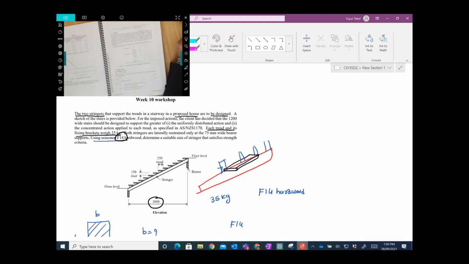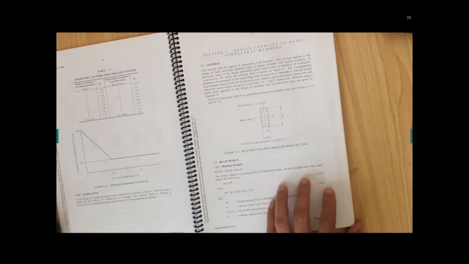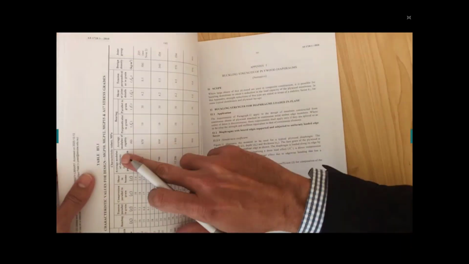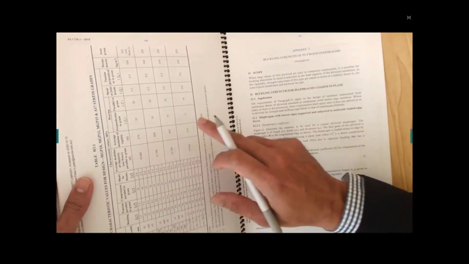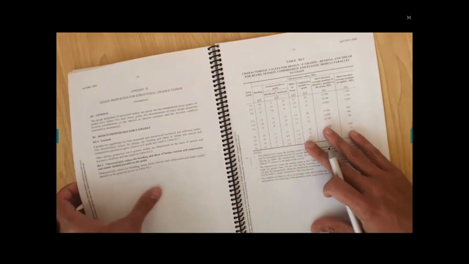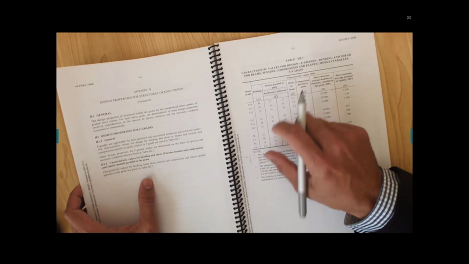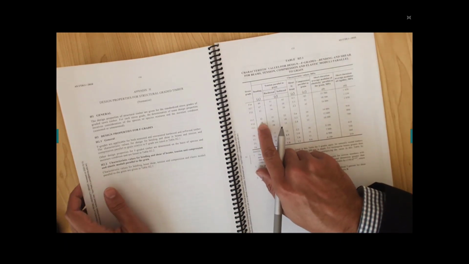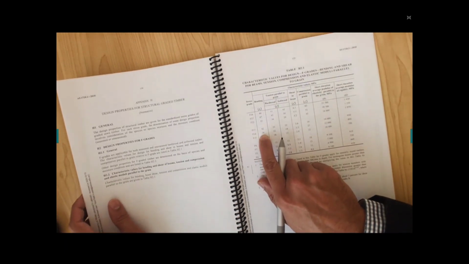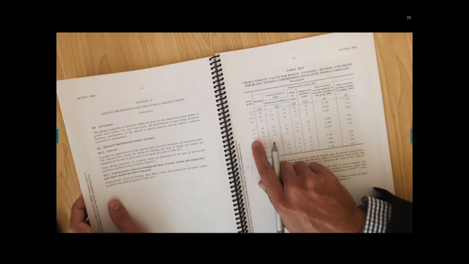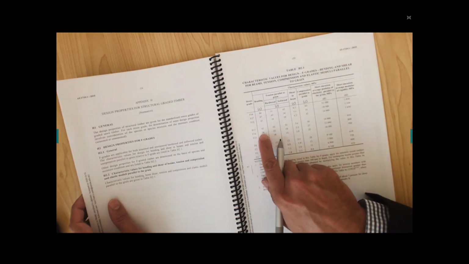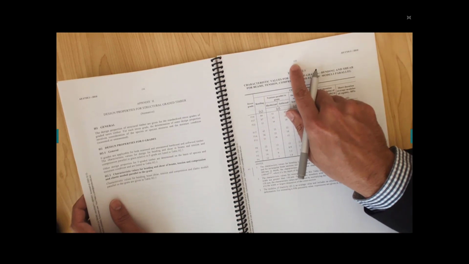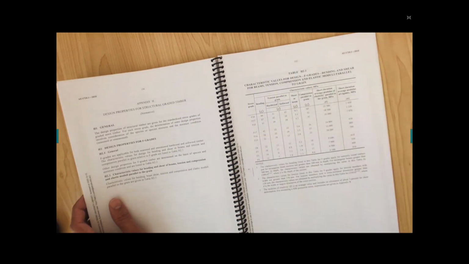For F14, if you use this timber one, go to the appendix. We used table 3.1 last time in MGP, correct? One more table that is given here. That table is F14, and FB dash for F14 is 36. Table 2.1, and that F14 is 36. Okay, page number 155, F14 36.